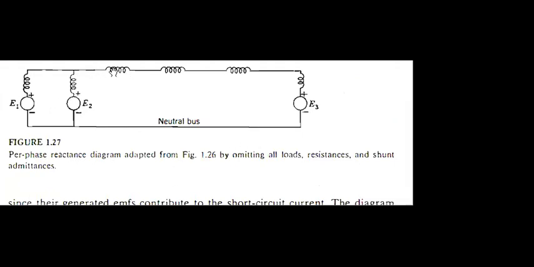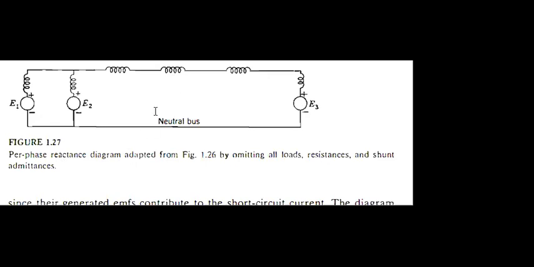For the transformer, only the inductance, the line inductance, as well as the right side transformer reactance X, and this is the generator on the right side. So this is the simplified reactance diagram for the system.